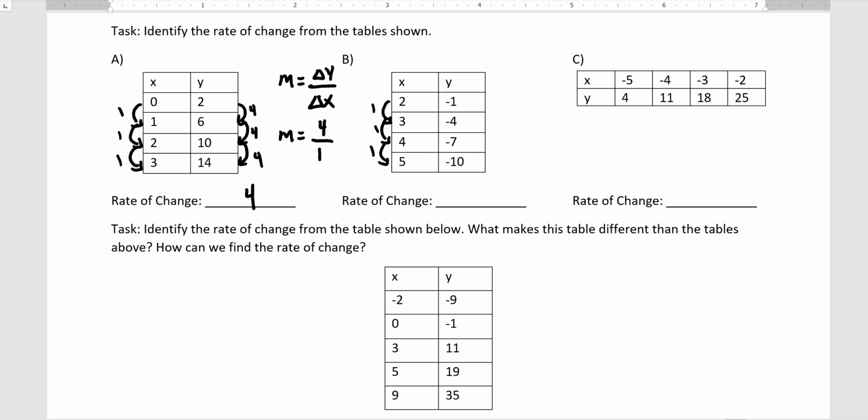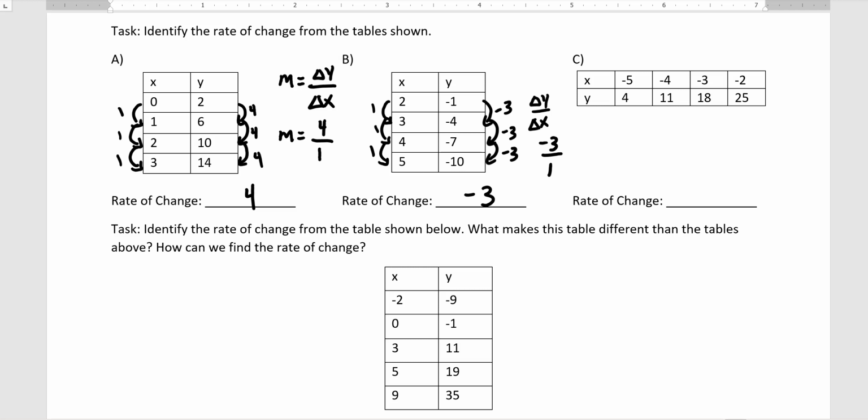What's happening with y? Negative 1 goes to negative 4, so this went down by 3. Negative 4 to negative 7, down by 3. So my change in y over my change in x: my change in y was negative 3, my x was 1. What's negative 3 divided by 1? Negative 3. My rate of change, my slope, would be negative 3.